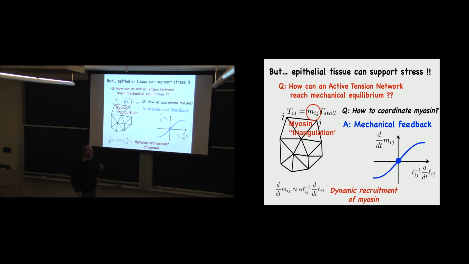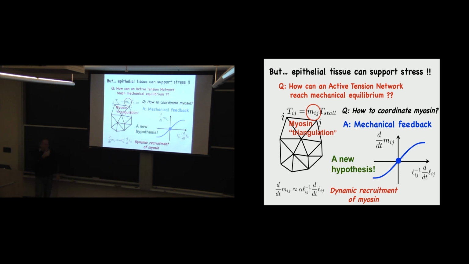There has to be mechanical feedback which recruits more myosin to the edge when the edge is elongating. So all that you need is, if the given filament is slipping, there is a signal to the cell: send more myosin. And vice versa. If the filament is contracting, that's the signal: let's get some myosin off this edge.